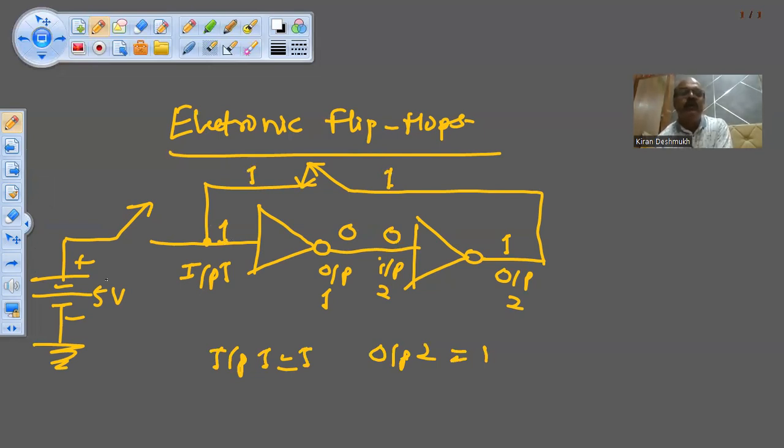Even if I disconnect the battery, the input will remain 1, and therefore the output will also remain 1. So this is a stable state. Now again I open this switch.